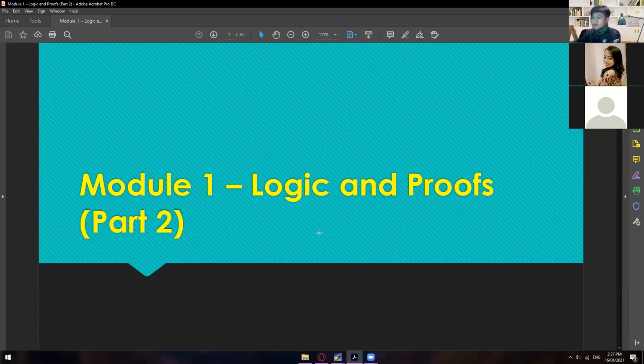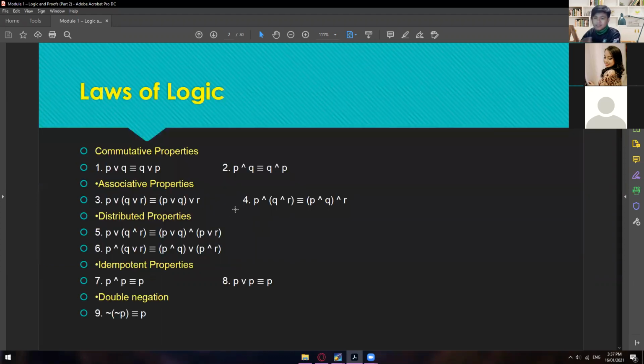So let's now start, since this is our first time having this part. Module 2, still the same logic and proofs, but a continuation of part 1 from last meeting. Let's start with the laws of logic. This has 25 numbers. Last year, when I was teaching this, I had them memorize number 1 to number 25.